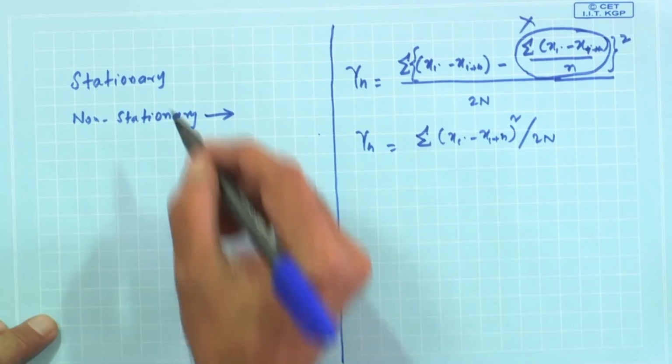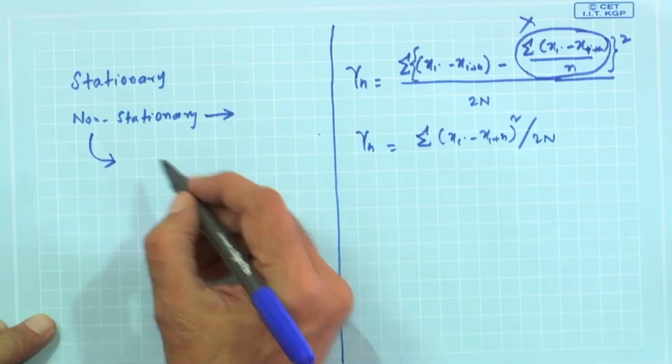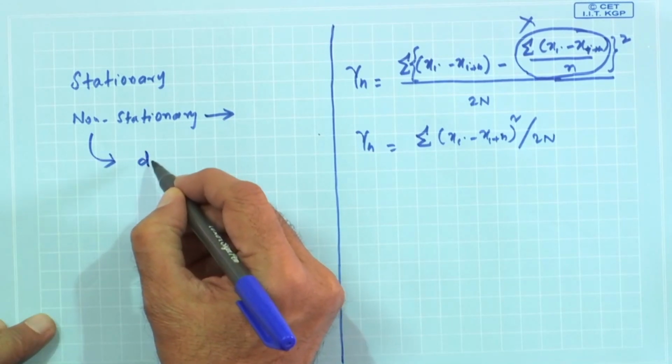So, the non-stationary regionalized variable is actually characterized by something which is called the drift.